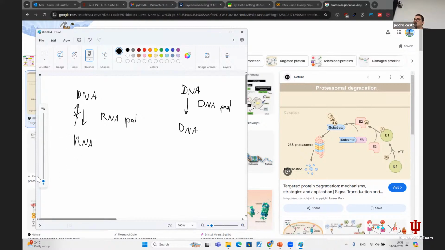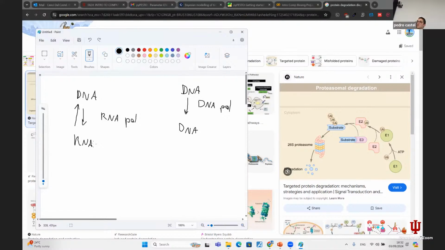But the rest of your model is completely fine. You would have a DNA that is on or off. If it's on, you have a certain rate of production of RNA. You also have RNA decay, so it tends to a certain value, which is perfect. And depending on the level of RNA you have a production of protein, because RNA is promoting the production of protein.